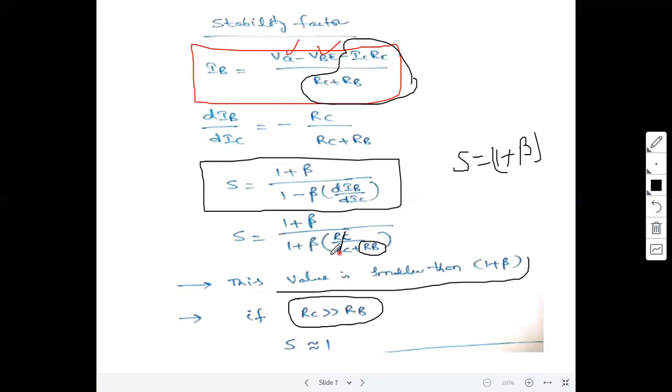Then RC gets cancelled, and 1 plus beta by 1 plus beta also gets cancelled. In that case, stability factor is approximately equal to 1.